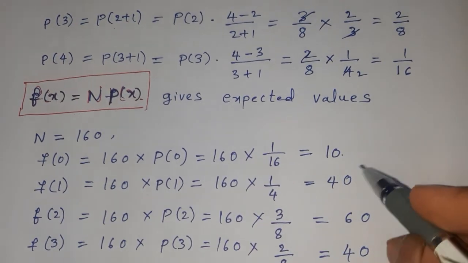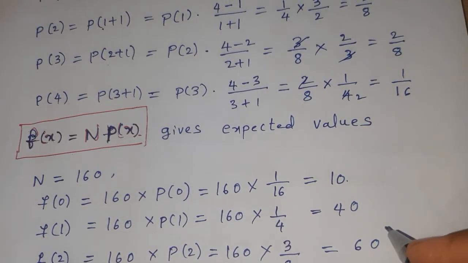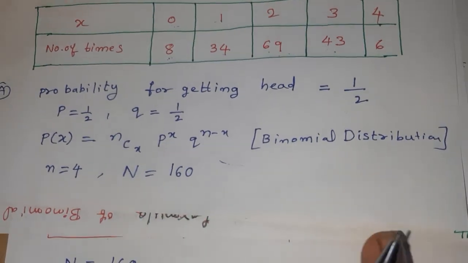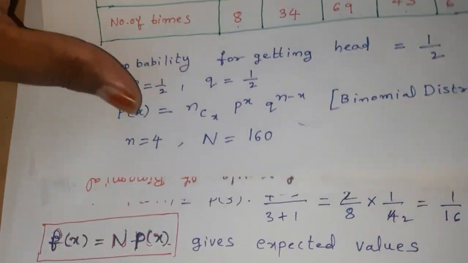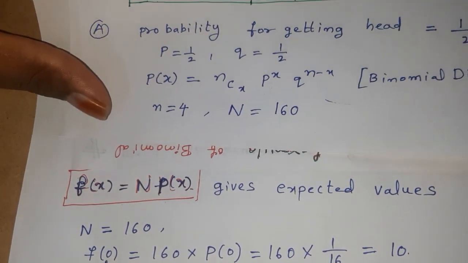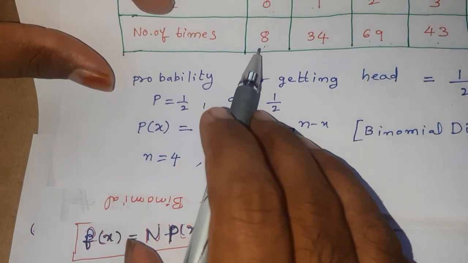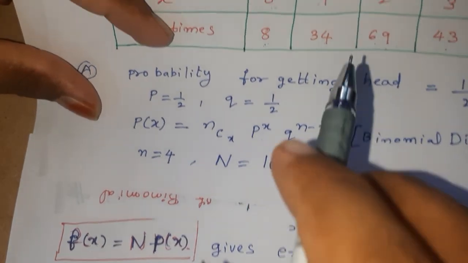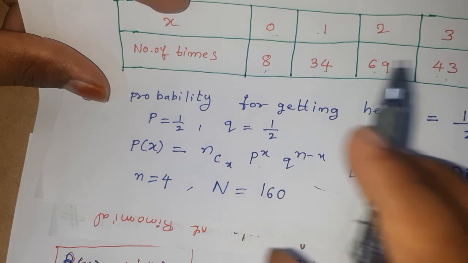Therefore, let us compare these expected values with the actual values from the random experiment. For 0 heads the expected value is 10, but the actual value is 8. Expected value is 40, actual value is 34.